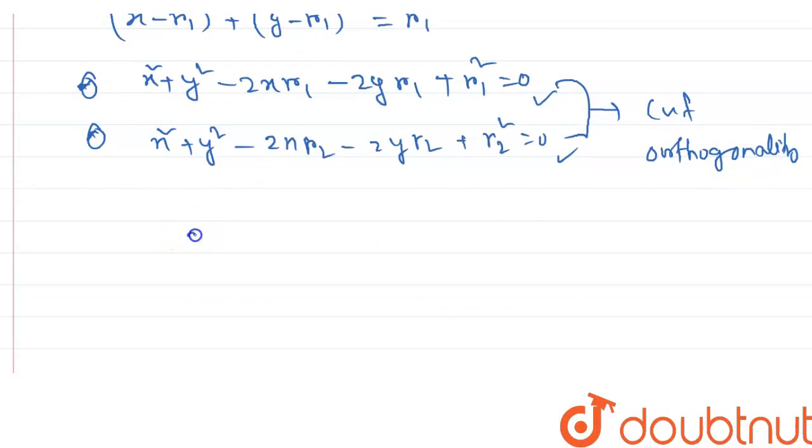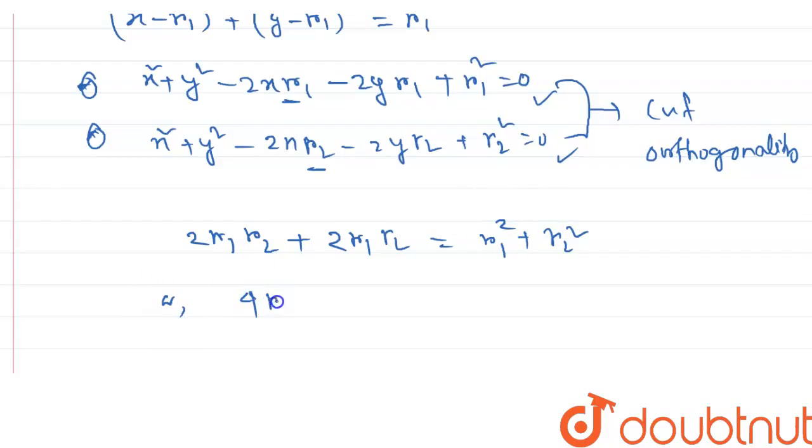Here 2 into g1 g2, where g1 is r1 and g2 is r2, so 2 r1 r2, plus 2 f1 f2, where f1 is r1 and f2 is r2, equals c1 plus c2. Here c1 means r1 square and c2 means r2 square. So we have 4 r1 r2 equals r1 square plus r2 square.